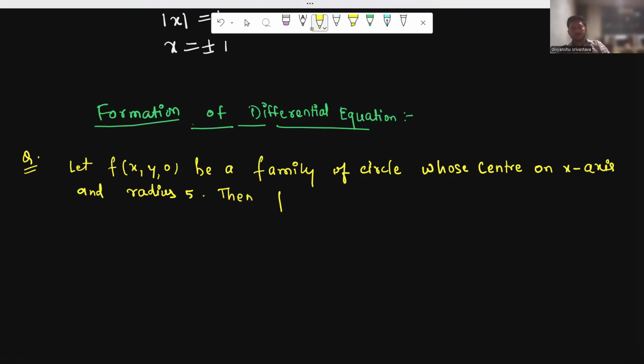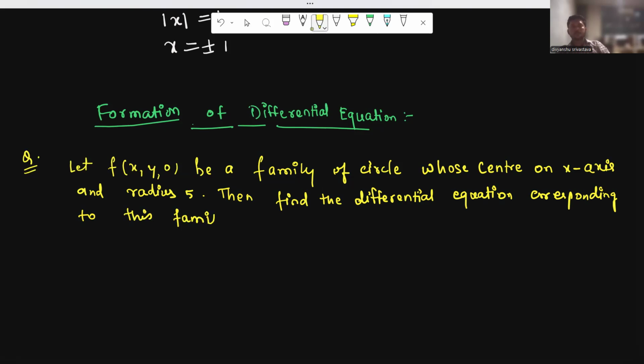Then find the differential equation corresponding to this family. And this is my last question.